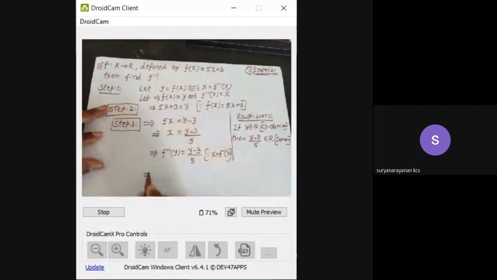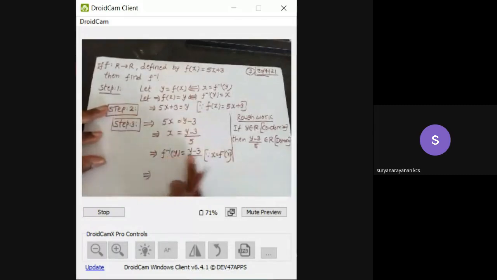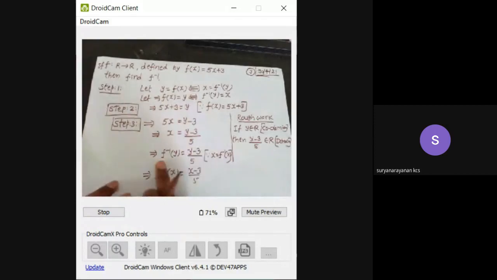This implies in the place of y, just write x. This implies f inverse of x is equal to x minus 3 by 5. In this equation, just replace y by x. This is f inverse of x.